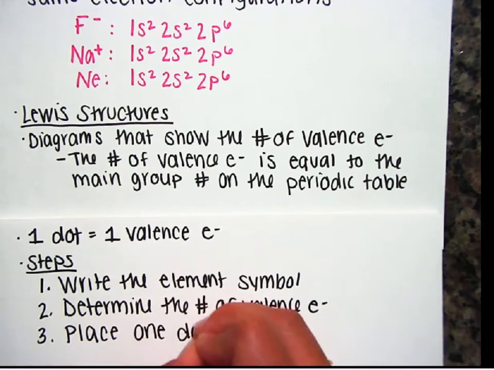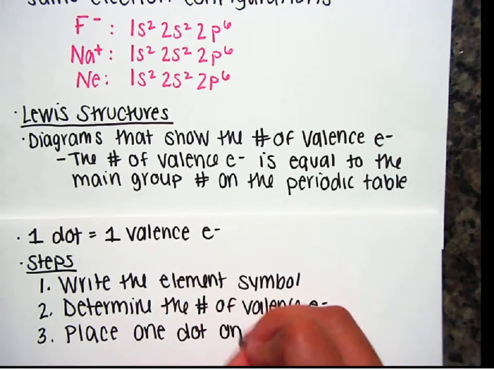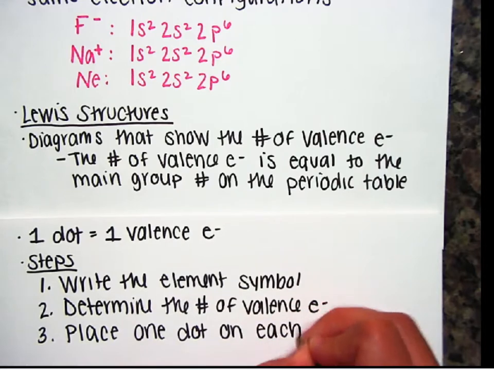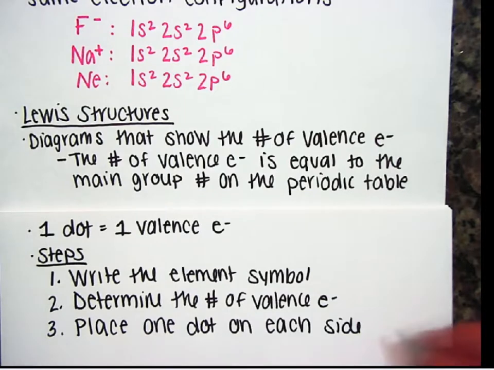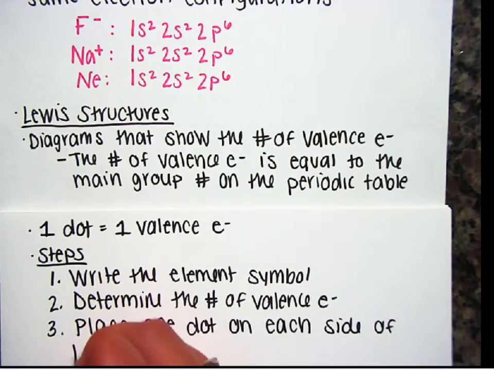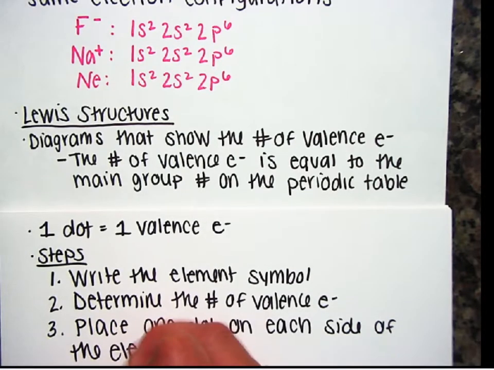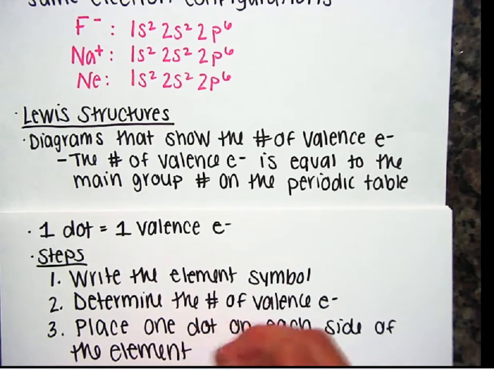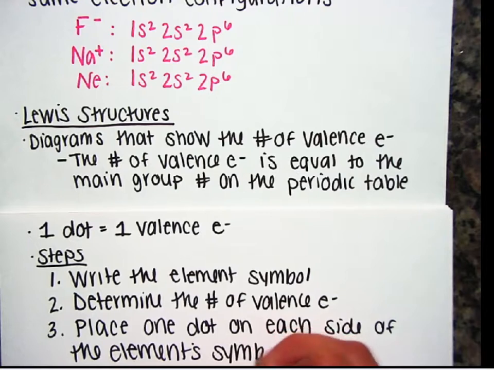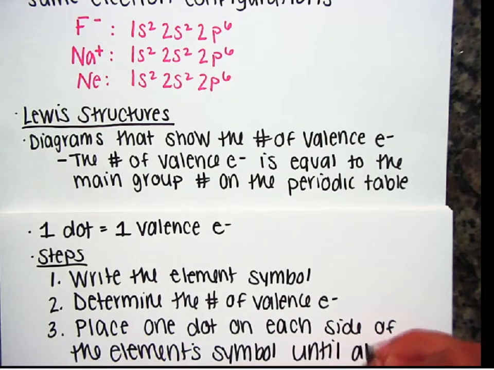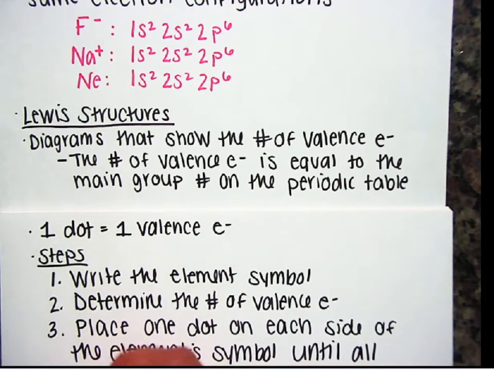Place one dot on each side of the element symbol until all dots have been placed.